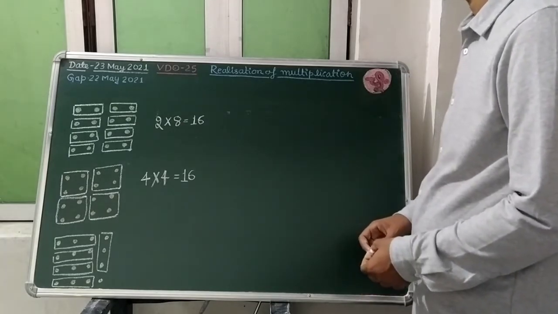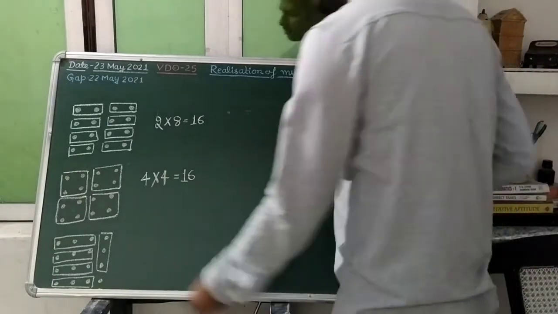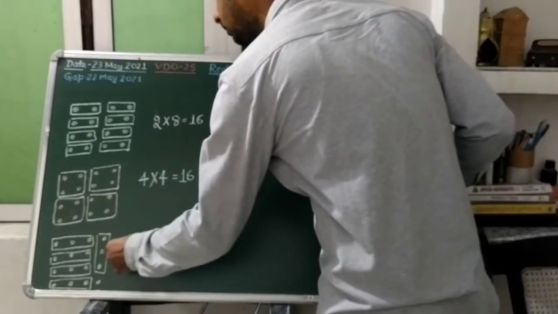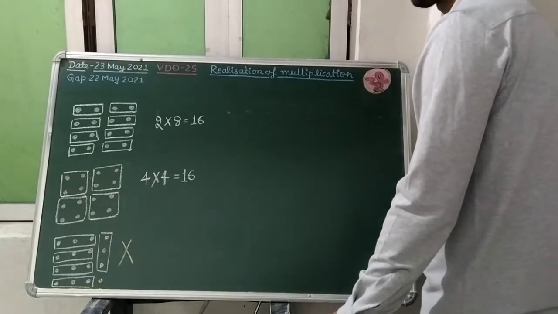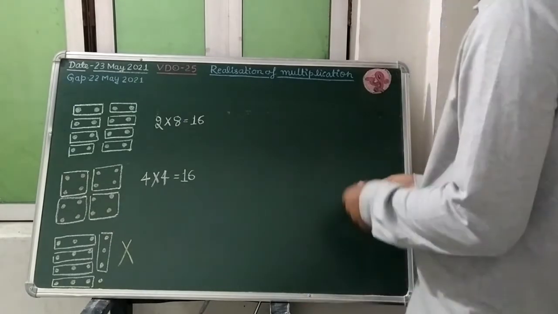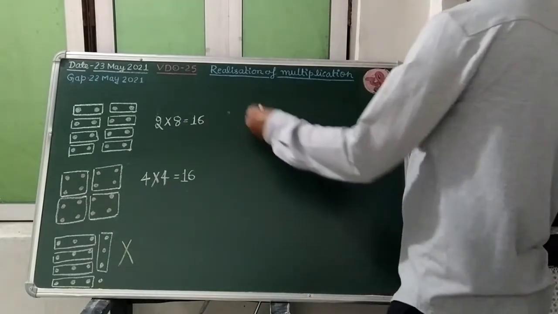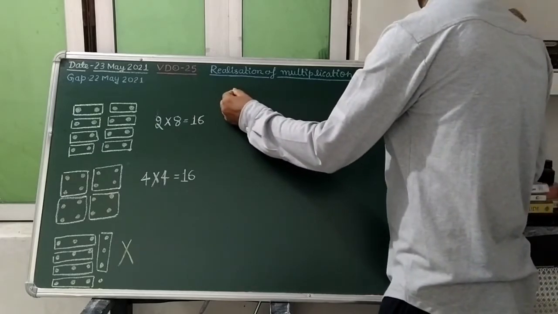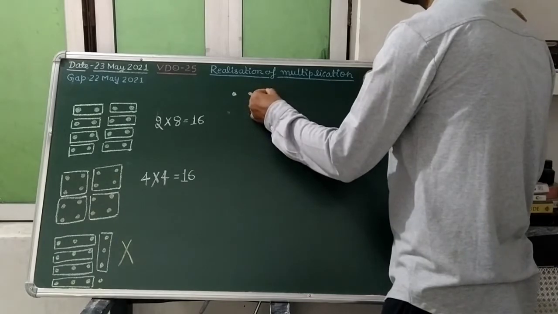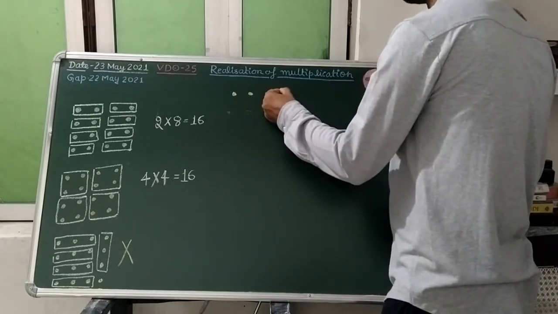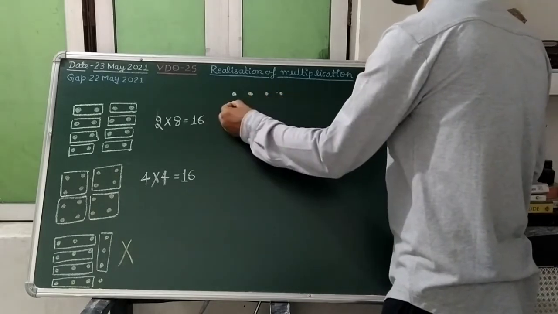Okay students, so you can put a cross here. We can't group them in 3 dots. So once again realize it students, we can't group them in 3 dots.